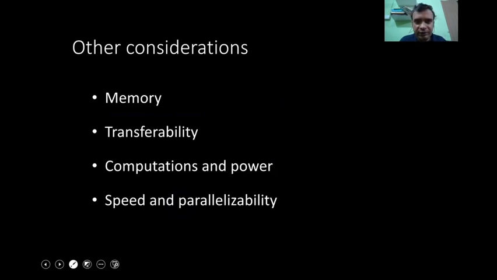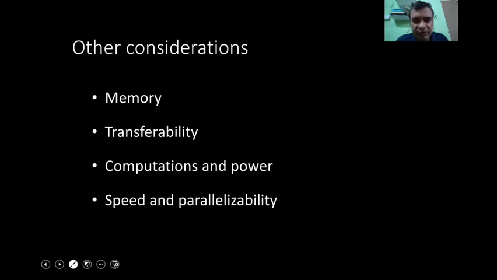So what are some other considerations? Is it that we always want the most accurate model? No, of course not. You have to think about where the model will be used, and how it will be used, and so forth. We have to think about how much memory it occupies, in terms of just the model itself, or in terms of actually running the model. Is it transferable from one set of images to another set of images?